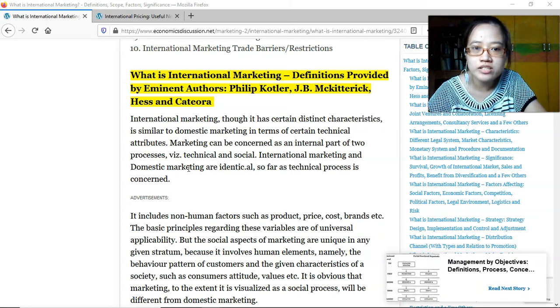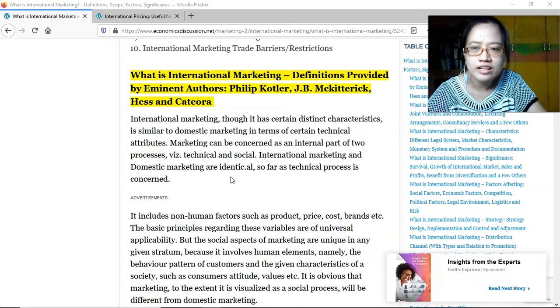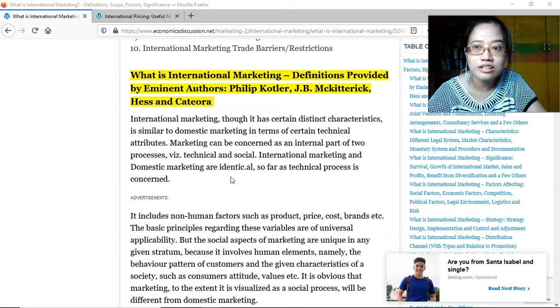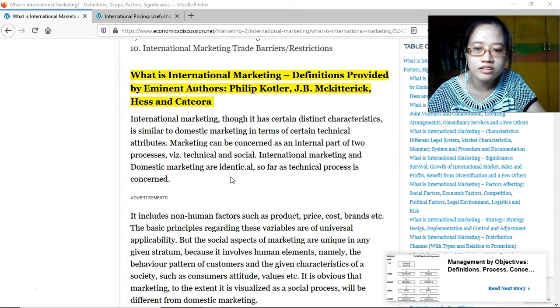International marketing and domestic marketing are identical so far as the technical process is concerned. It really is identical with each other. But of course, you have your considerations if there are differences in economic situation, political situation, and the demand and supply in that particular country.